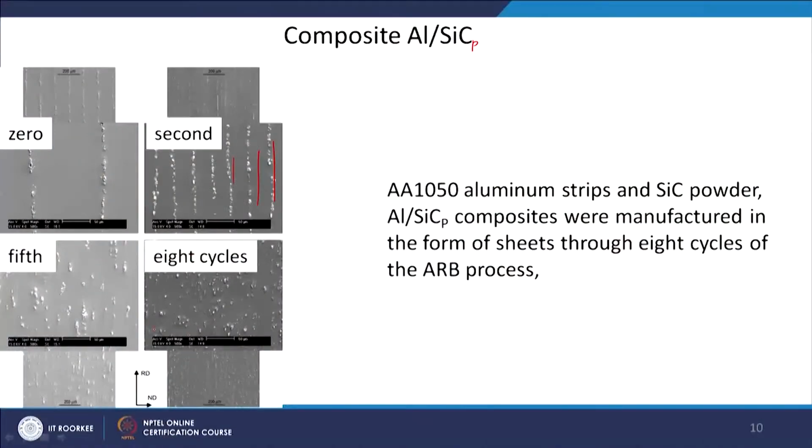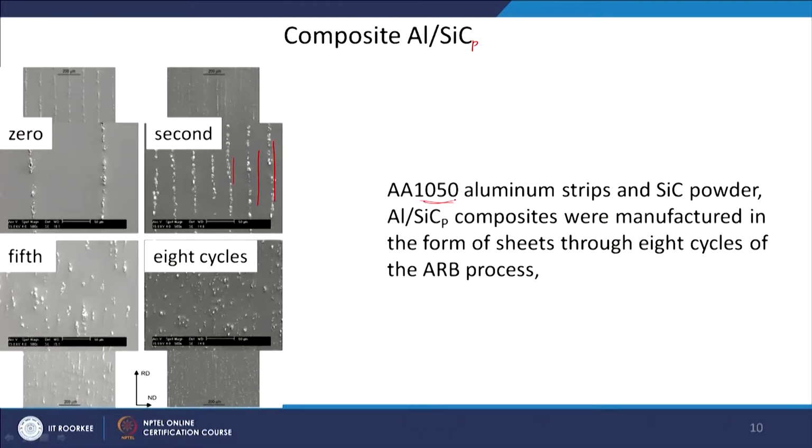By the 8th cycle it is almost uniformly distributed throughout the matrix. A very nice method to make a composite of ceramic particles in a metal matrix. The material is aluminum 1050 and of course silicon carbide is put in this. So the ARB process can also be used to easily make composites of this kind.